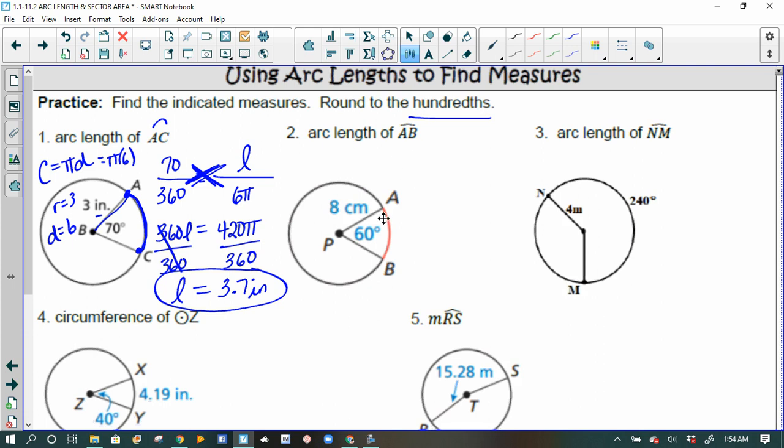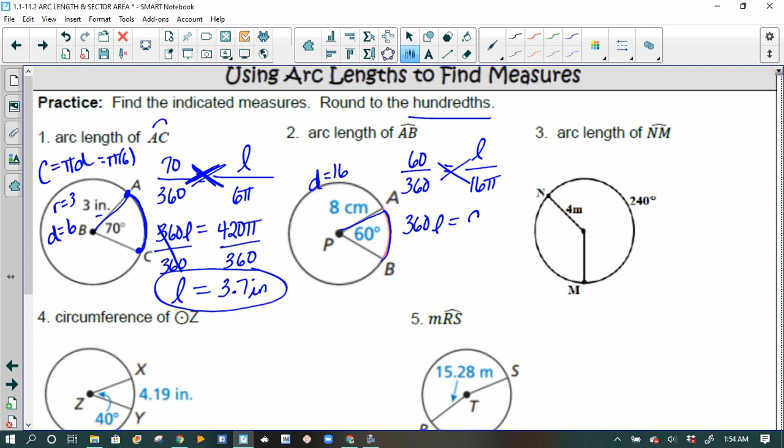So if I want the length of arc AB, so I want the length of this arc. That arc is 60 degrees over 360 always. I'm looking for the length, and I need the circumference. So if my radius is 8, then my diameter is 16. So 16 pi. Cross multiply 360L, and then 60 times 16.